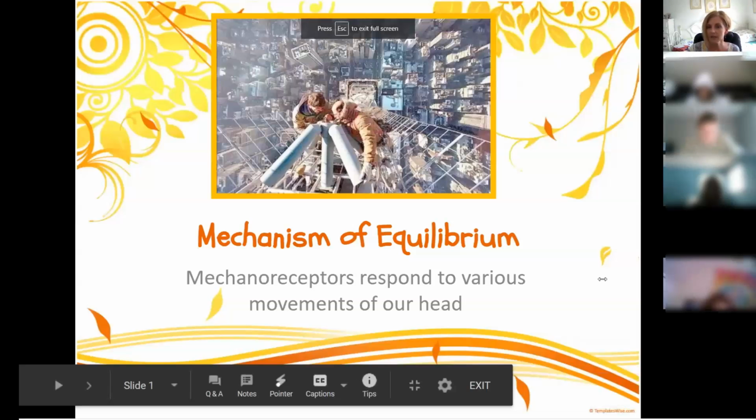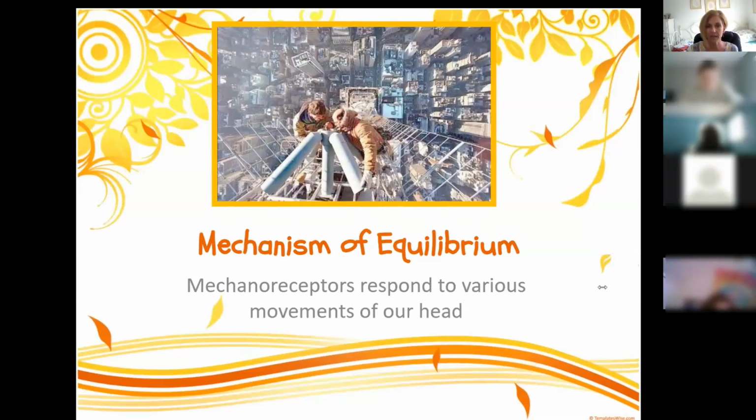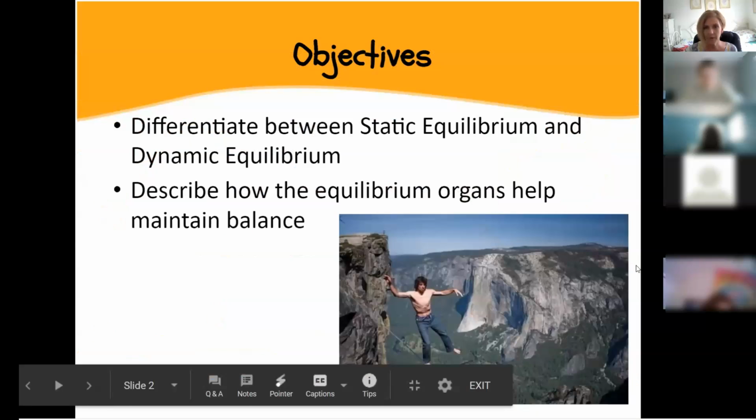So in the inner ear, Monday we talked about hearing in the cochlea, and today we're talking about equilibrium, which is in the rest of the labyrinth, and specifically the vestibule. So we have 2 types of equilibrium we want to talk about, static and dynamic.